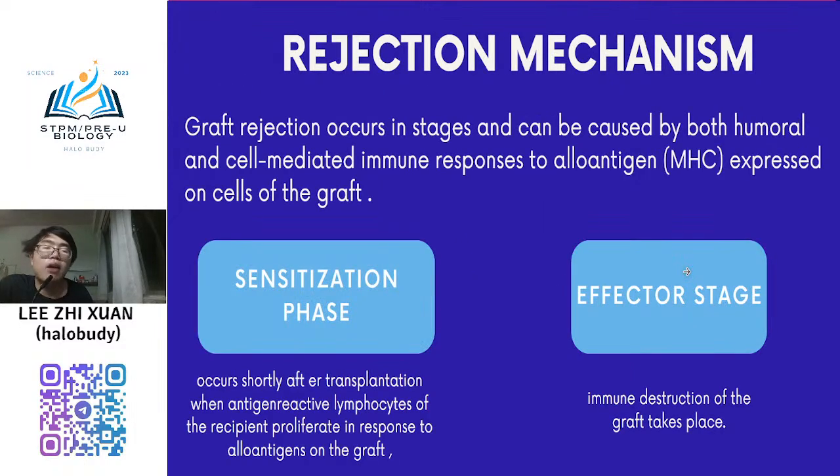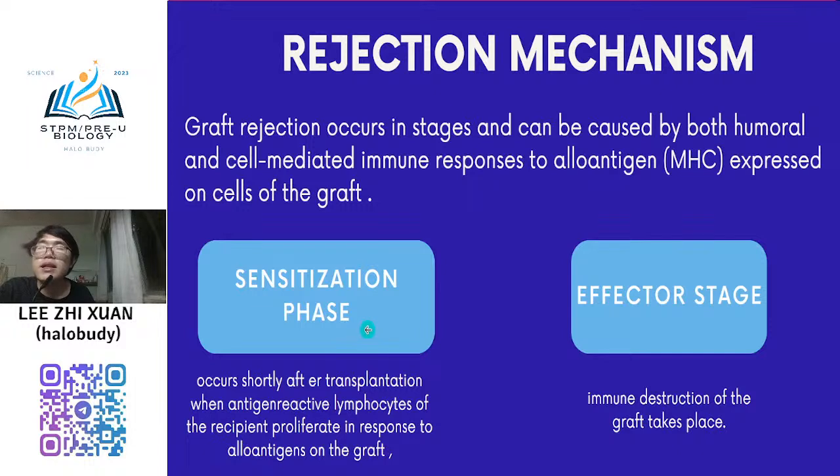Okay, now we go to rejection mechanism. So rejection occurs in stages and can be caused by both humoral and cell-mediated immune response to allo-antigen MHC expressed on the surface of the graft. So there are two phases: sensitization phase and also effector stage. In sensitization phase, normally it occurs very short and rapidly after transplantation.